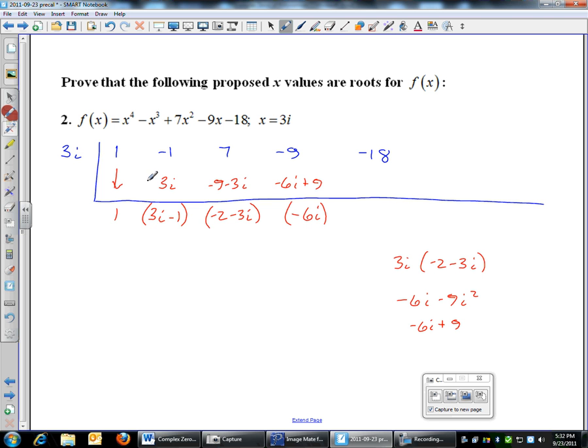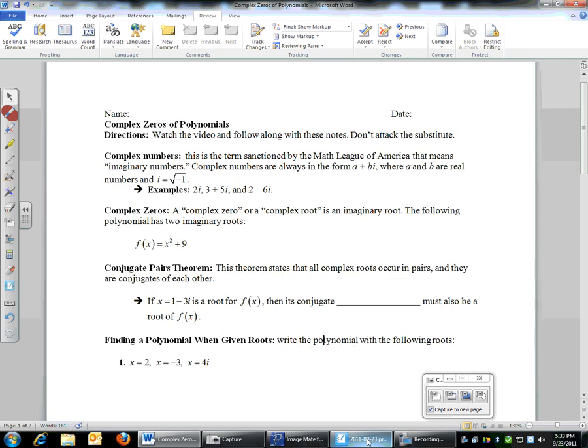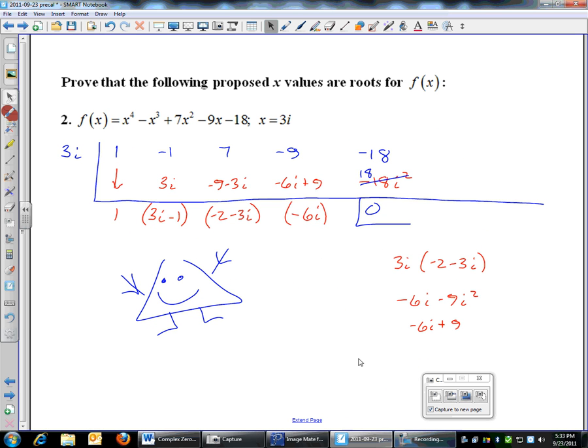And now when I multiply, 3i times negative 6i will be negative 18i squared. i squared is negative 1, so this is really a positive 18. Negative 18 plus 18 is 0. We get a remainder of 0, and we get to sing and dance because we just proved that 3i is a factor of that polynomial. Questions, comments, concerns? Great. That's just wonderful.